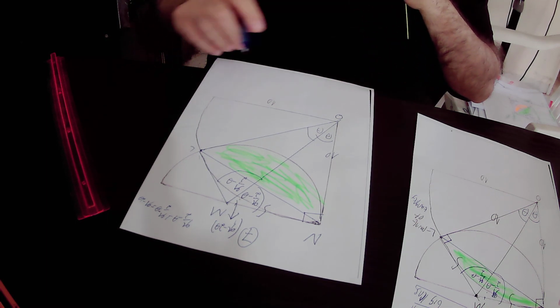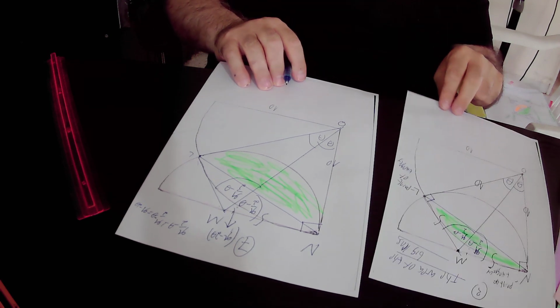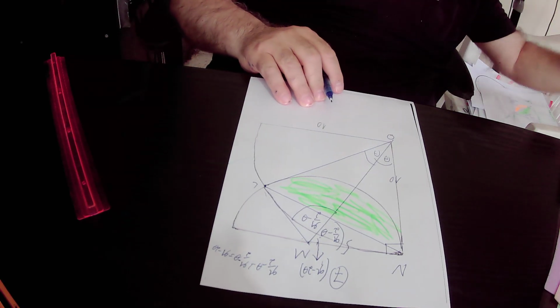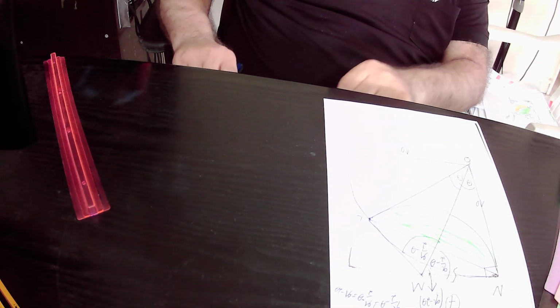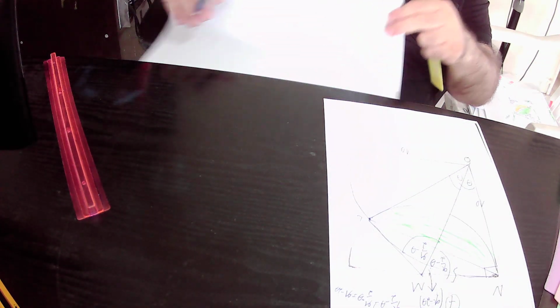So what is the area of the lower circular segment NL?